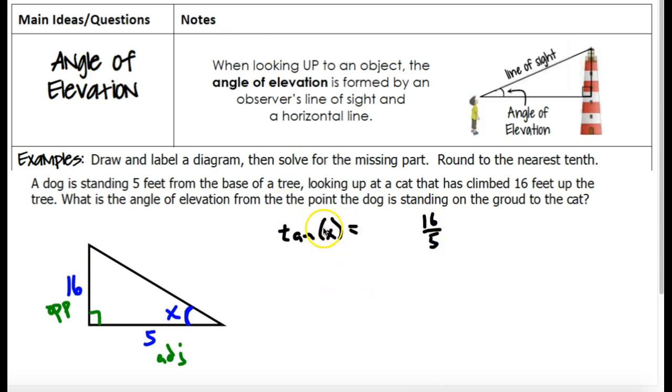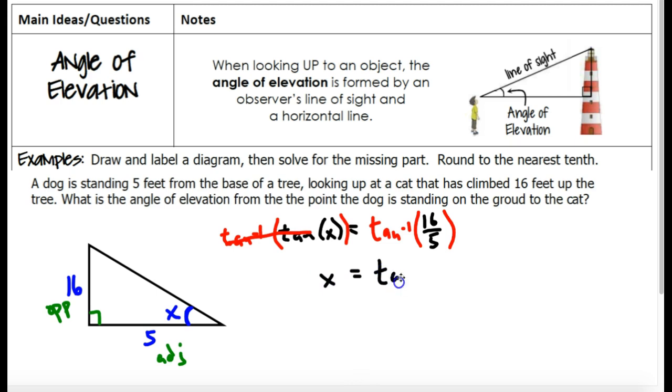So now remember, whenever we're solving for an angle, whenever I need to get that variable outside of the trig function, that's when I use inverse trig functions. So I'm going to take the inverse tangent of both sides. That cancels everything out over here except for what's inside, which is just x.